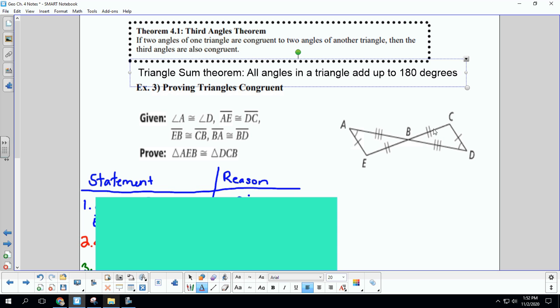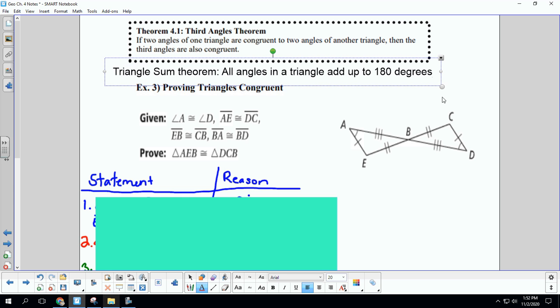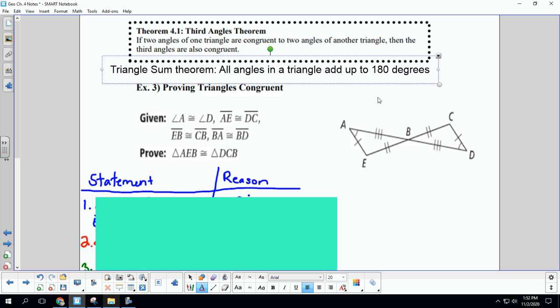So you only need to prove that the first two pairs of angles are congruent, because our triangle has to add up to 180, so that third angle is also going to be congruent. All right, so let's look at this little proof here.